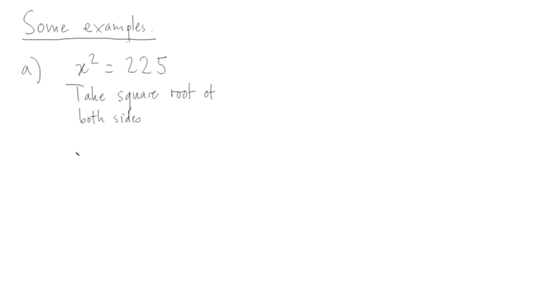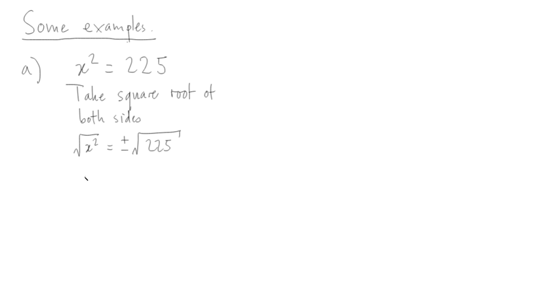Because if I take the square root of x squared, I find x, and if I take the square root of 225, well, 225 is a positive number, so if I take the square root, I get two solutions, the positive and the negative solution. So that's an important thing, is that you can have two solutions for quadratics.